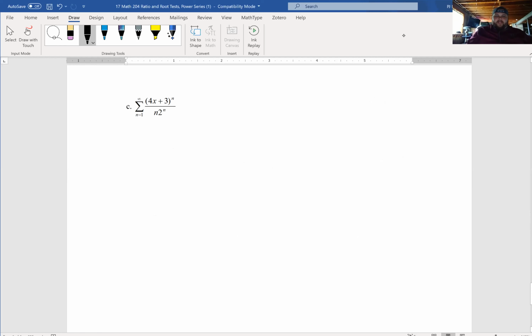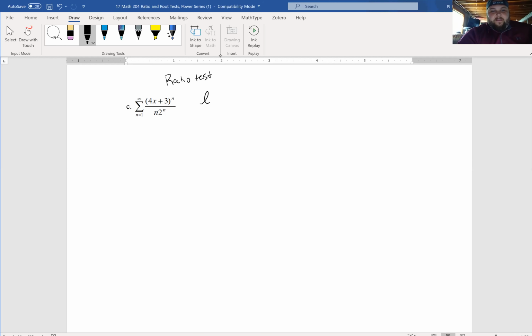So very first thing that I want to do is start with either the ratio or root test. This one you might start with the root, but recall we just got done doing that problem where we had to take the natural log and all those things. That would occur here as well because this n right here is not to the power n. So I'm going to start with the ratio test.